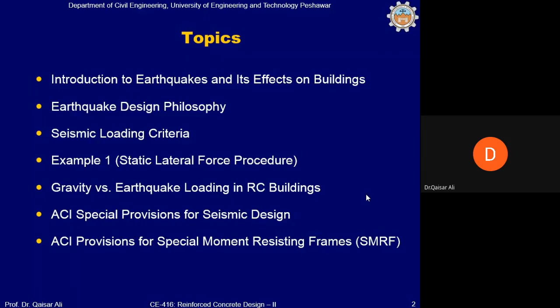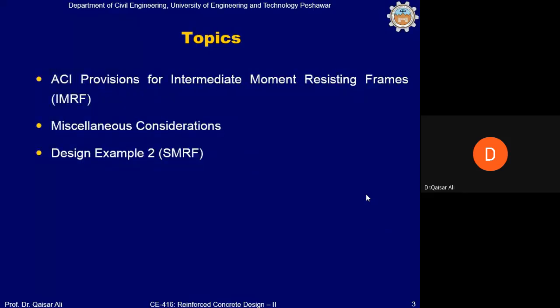At the end, there are ACI special provisions for seismic design, which are very important, and then there are ACI provisions for special moment resisting frames, SMRF, and ACI provisions for intermediate moment resisting frames, IMRF, miscellaneous considerations, and then there is one design example on the special moment resisting frame.